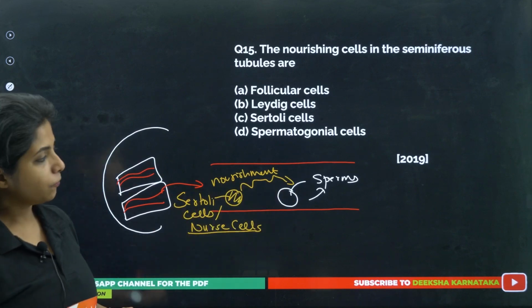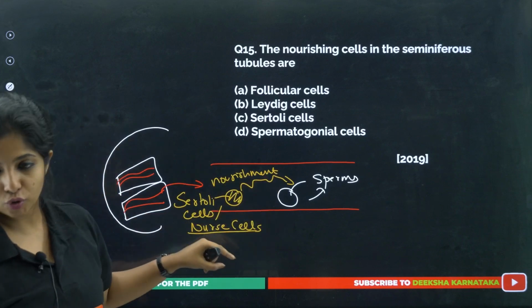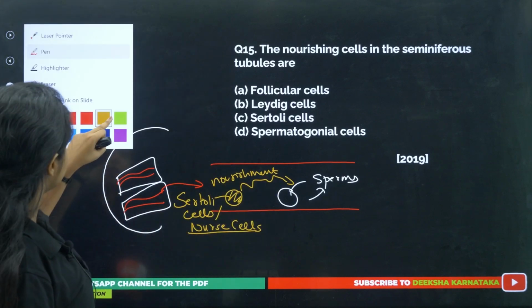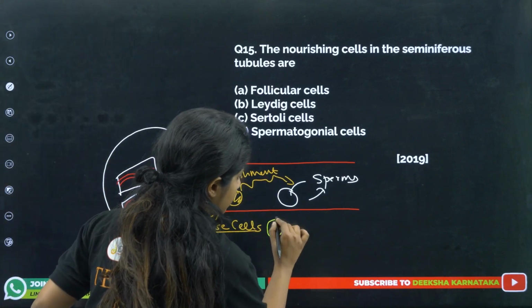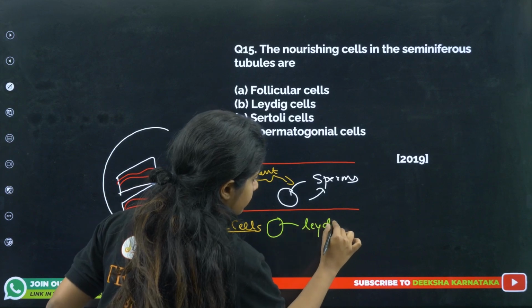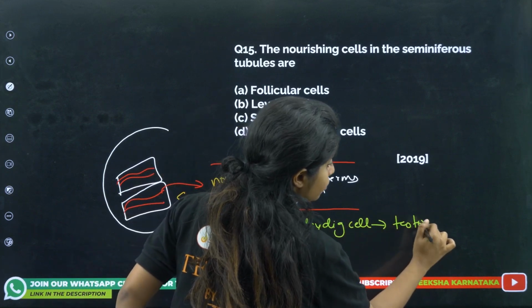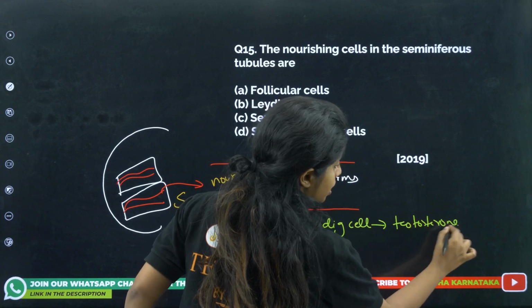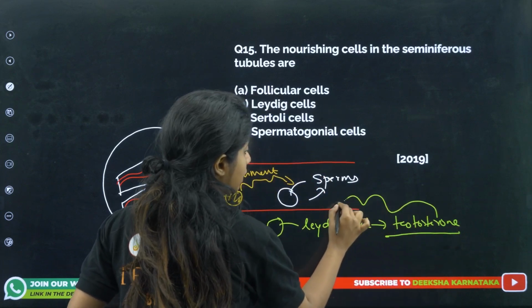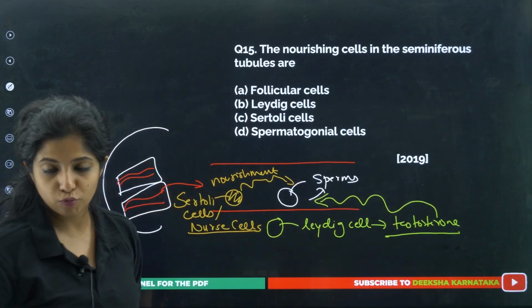Just outside the seminiferous tubules, you will be finding one more type of cell, which is known as Leydig cell. Leydig cell will be responsible for the production of the hormone testosterone, which is an androgen, and this testosterone is the one that will be helping in the formation of sperms.